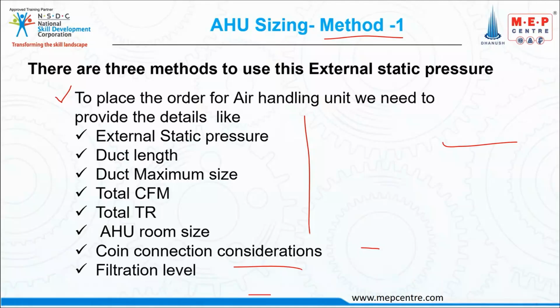Tomorrow's class you will get what the coil connection details are. And filtration level: how many types of filters, how many stages of filters are required in your AHU? Clear? These are the things we need to provide to order the AHU.